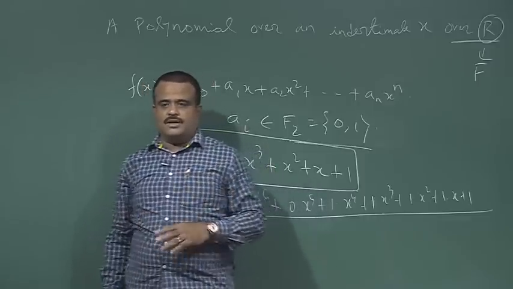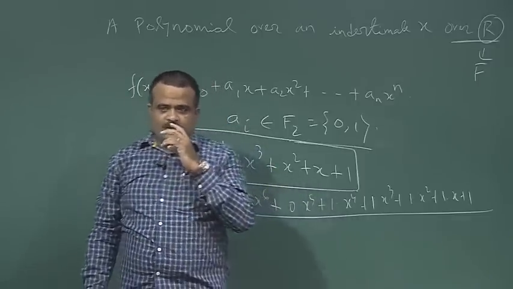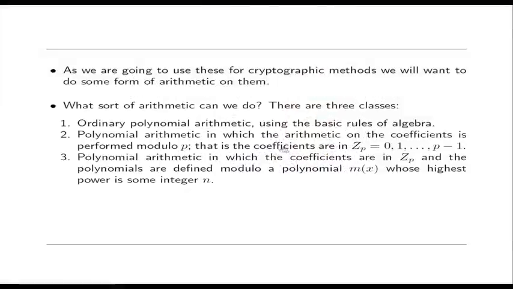So those are polynomial arithmetic: addition, multiplication, division. Here the ordinary polynomial arithmetic means the coefficients are real numbers, coming from the real number field. Now, the polynomials we will talk about for our cryptographic purpose are over Zp.